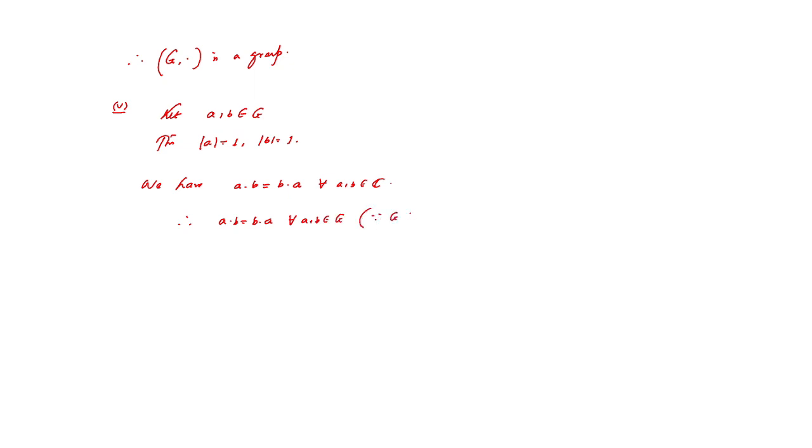Because G is a subset of C. So that means here G under usual multiplication holds the commutative property. So G is an abelian group with respect to usual multiplication. Okay, so we proved this result.